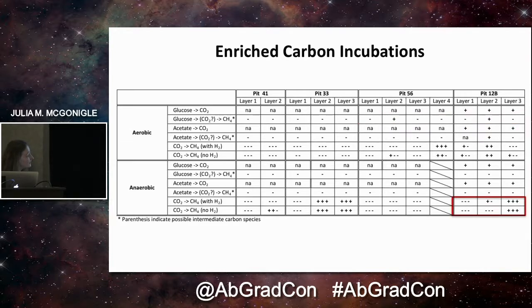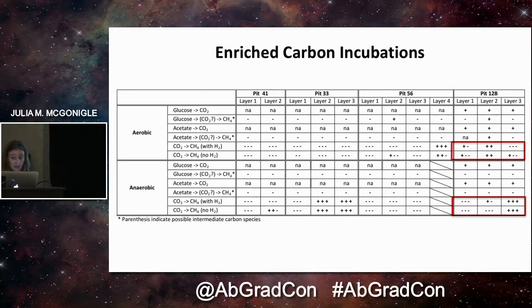In layer 1, you have no methane production in the anaerobic controls from bicarbonate, but we kind of see it as we go deeper in the pits. And so this is a result that sort of makes sense because you would expect methanogens to be deeper down in the soil where they're kind of isolated from that oxygen that's getting to them.